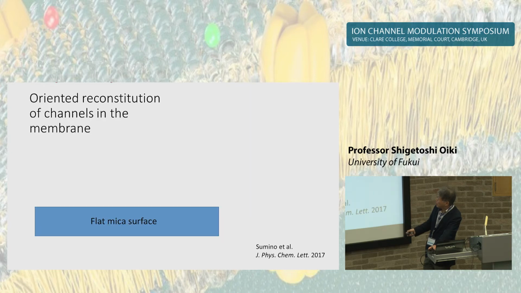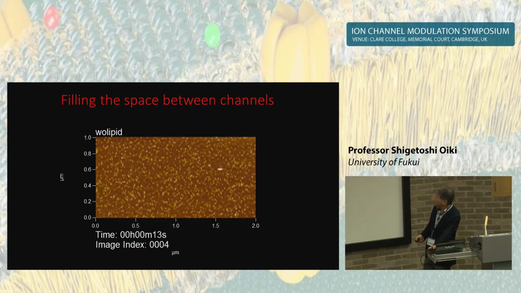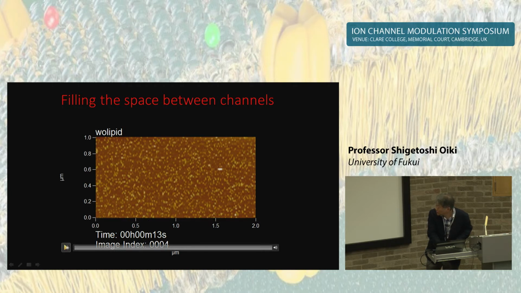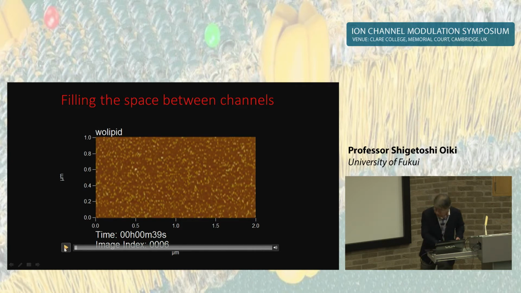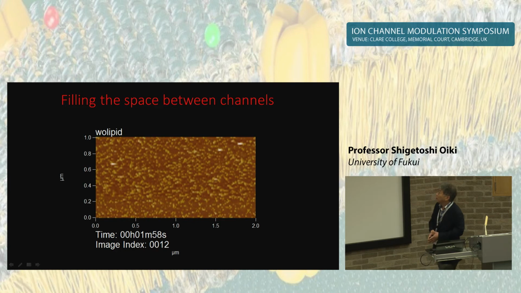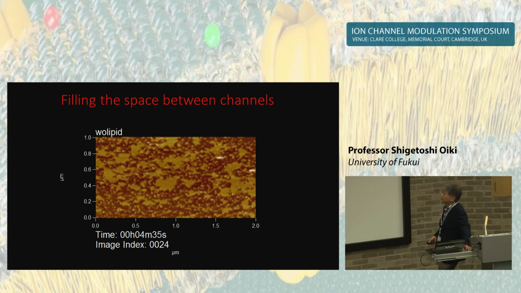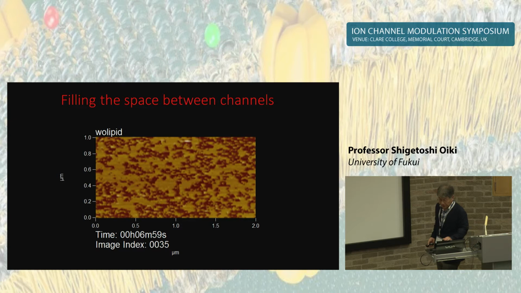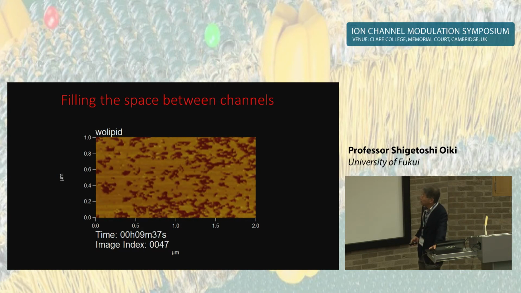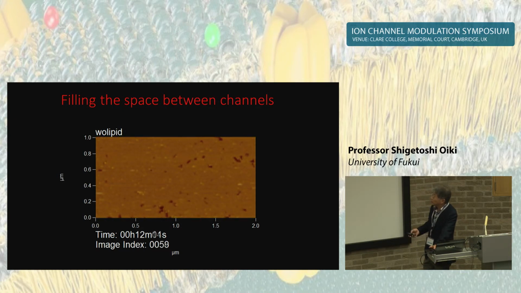Then you see the filling of the membrane. You see these particles represent the ion channel, but as the liposome spreads, the interspace is filled, and eventually all the space is filled by membrane, and the channel is incorporated in the membrane with the same orientation.